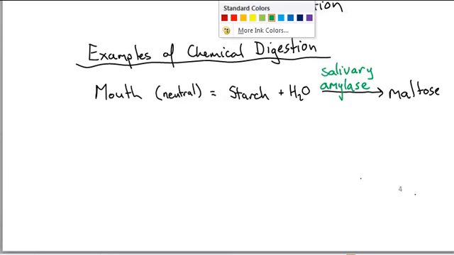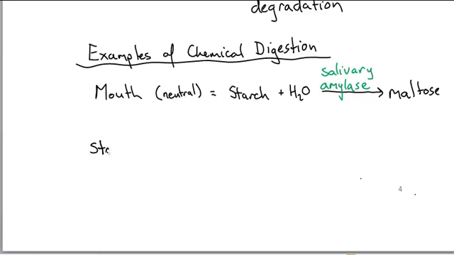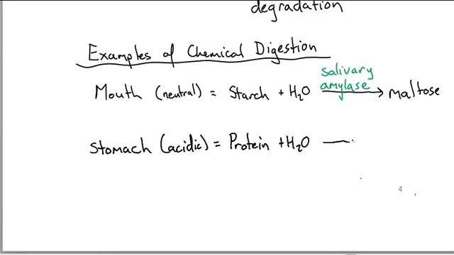Our next example, we'll look at the stomach. What type of environment is the stomach? Acidic, neutral, or basic? Very good. Acidic. And the key chemical digestion that occurs there is protein plus water turns into peptides.